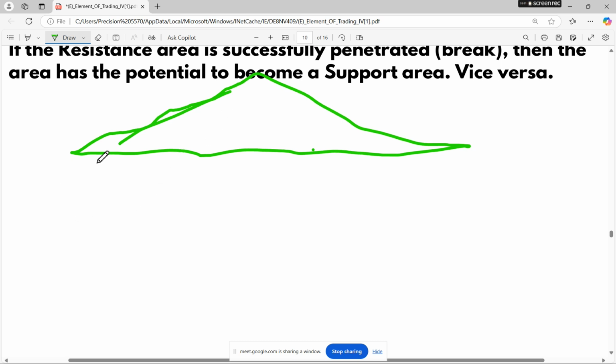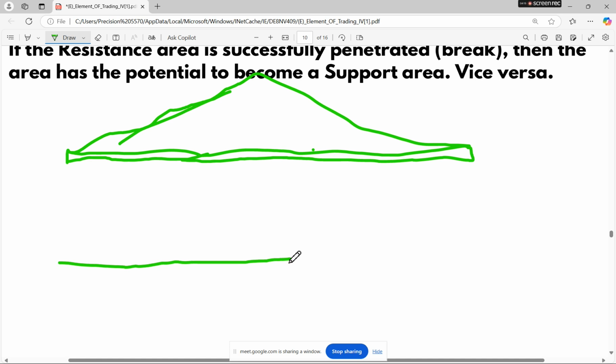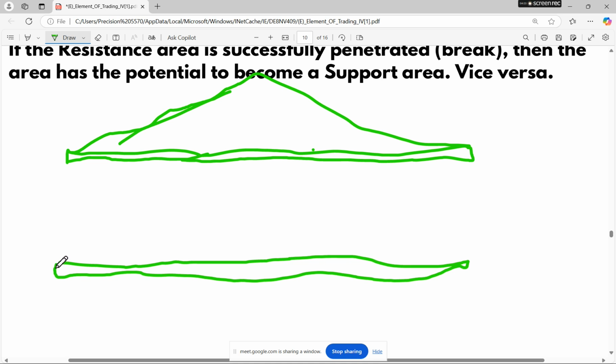A good house should have a ceiling, so this is the ceiling. And when the house has a ceiling, then it should also have a floor. So this is the floor. Then here is our door, so people enter from here.